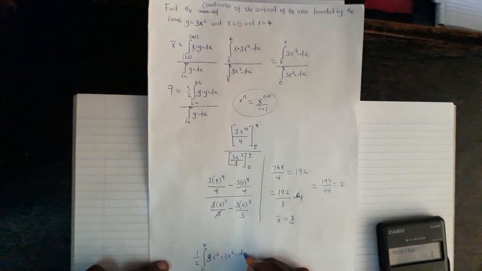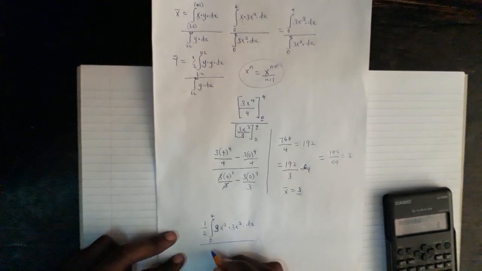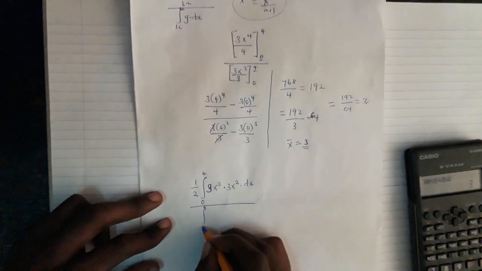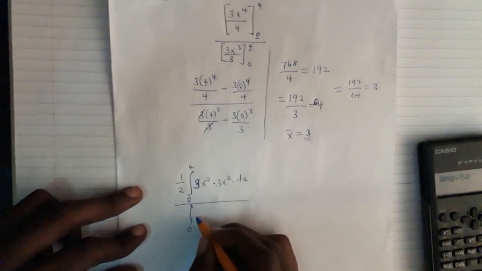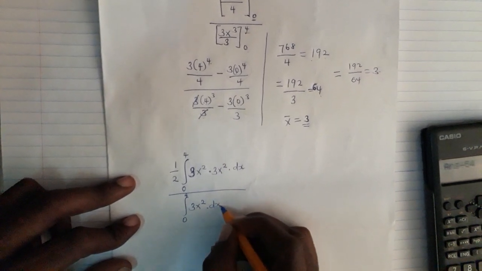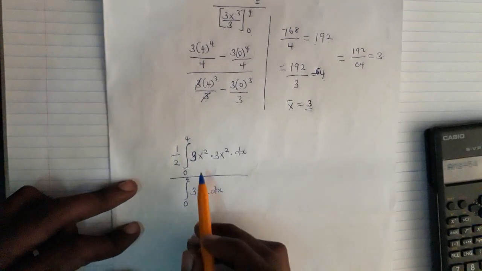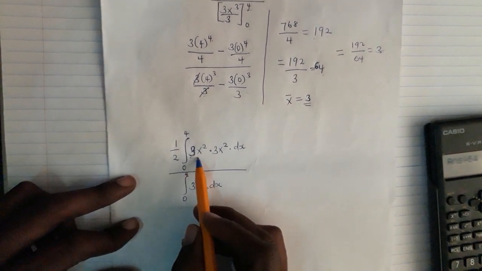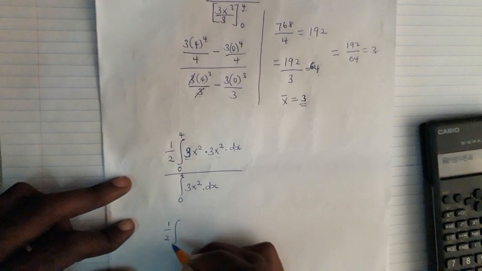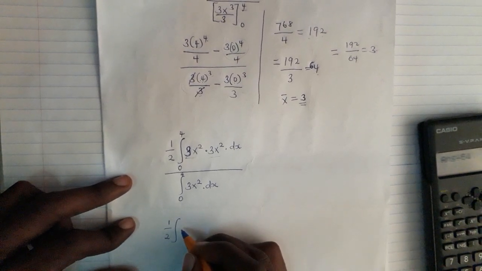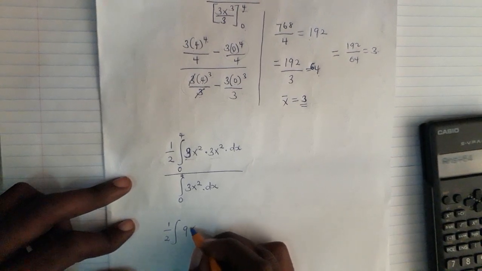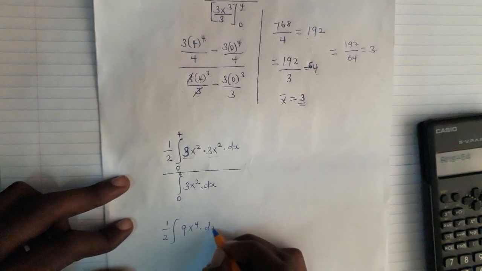We integrate with respect to x, and then over the integration of our upper limit 4, lower limit 0, our y, which is 3x squared, with respect to x. So let us multiply this one and this one here. We are going to have a half, then the integration of 3x squared times 3x squared, which gives 9x power 4, with respect to x.